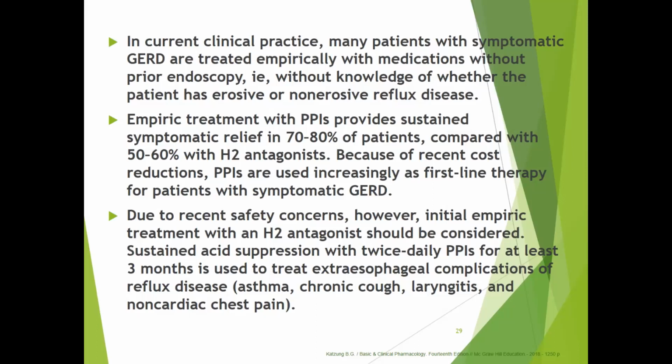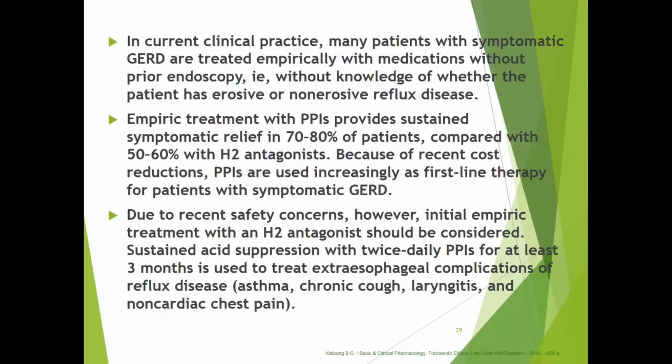Sustained acid suppression with a twice-daily proton pump inhibitor for at least 3 months is used to treat esophageal complications of reflux disease, asthma, chronic cough, laryngitis, and non-cardiac chest pain. Sometimes these patients come into our office and say, doctor, maybe I have a myocardial infarct, I have very intensive pain in the retrosternal area.